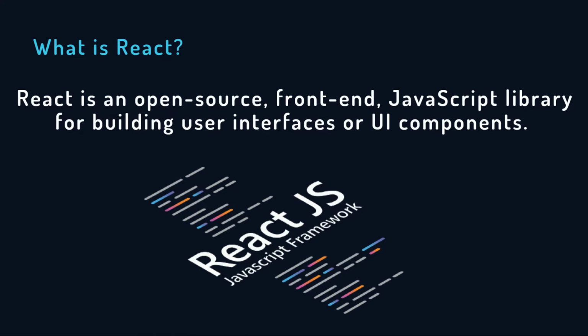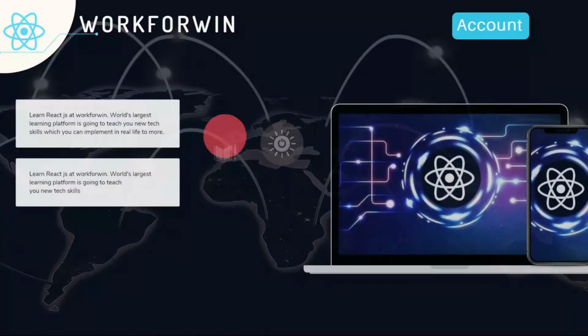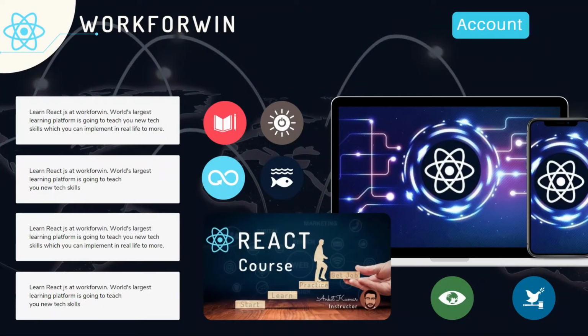Now we use a term called component. Let's understand what a component is. To understand component, let's see that we have a web page you are seeing on screen. It's just a simple web page, and let me explain what it contains. It contains a header, which again contains an account button and a logo, and on the left side you can see a React logo.